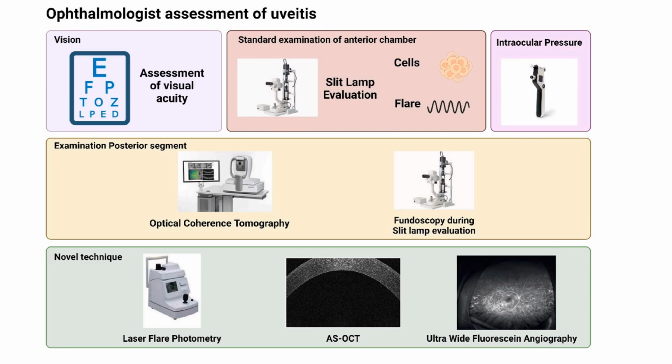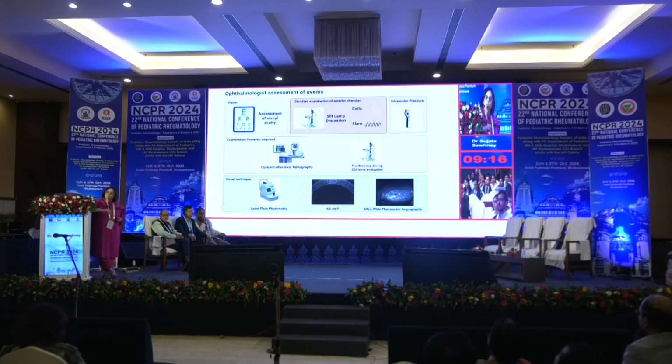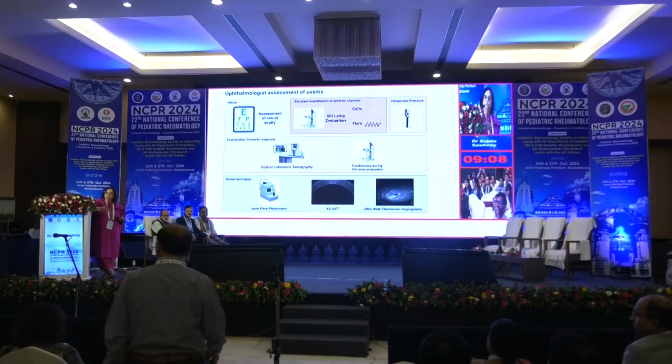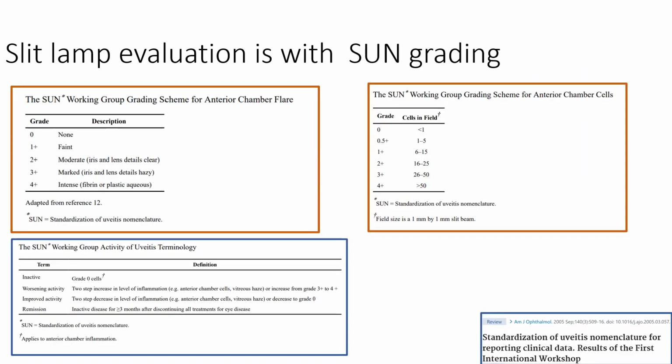You need a very comprehensive report from ophthalmology. So you need a person who is interested and who has patience. You want to know not only the status of the anterior chamber, that is the cells and the flare, but you need to know the vision, the pressure, the complications, sometimes the wide field angiography, and also the OCT. So you need a very comprehensive evaluation.